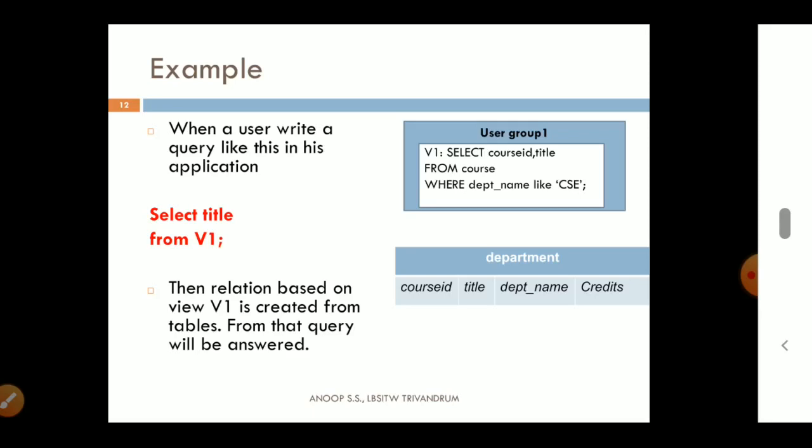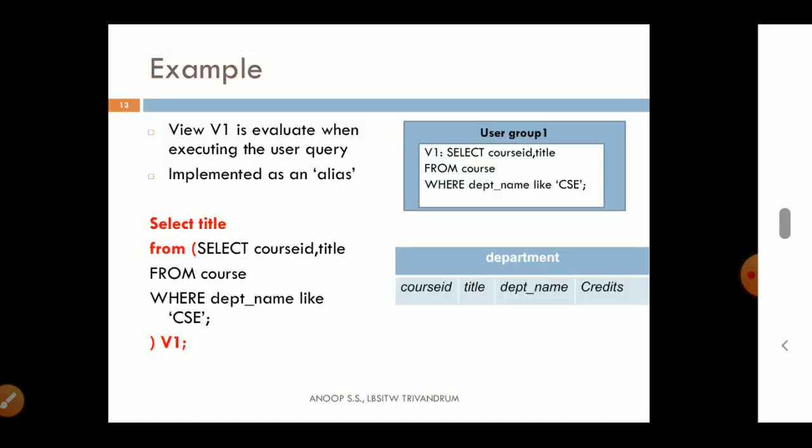That means they select the titles from the view v1 that is provided to them. So for them v1 is the table in the database from where they can get the title. The actual database tables are not available to them. So they write the query as select title from v1.